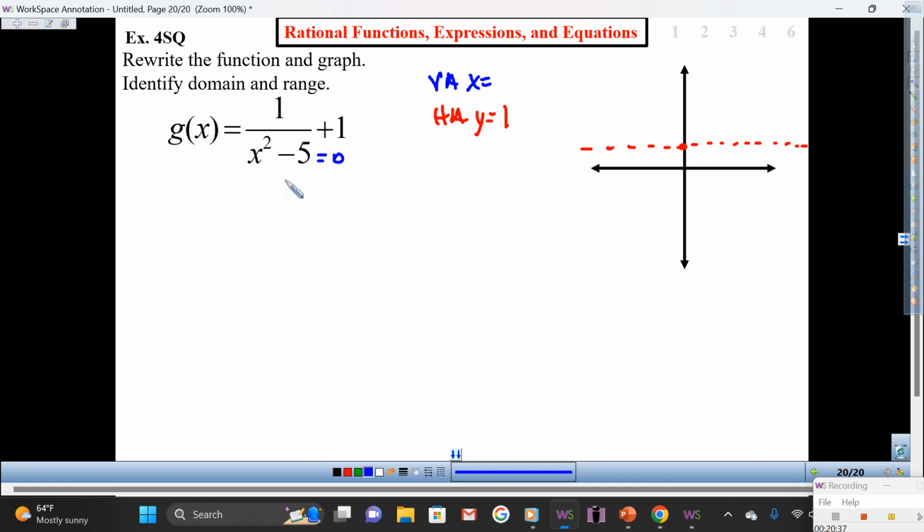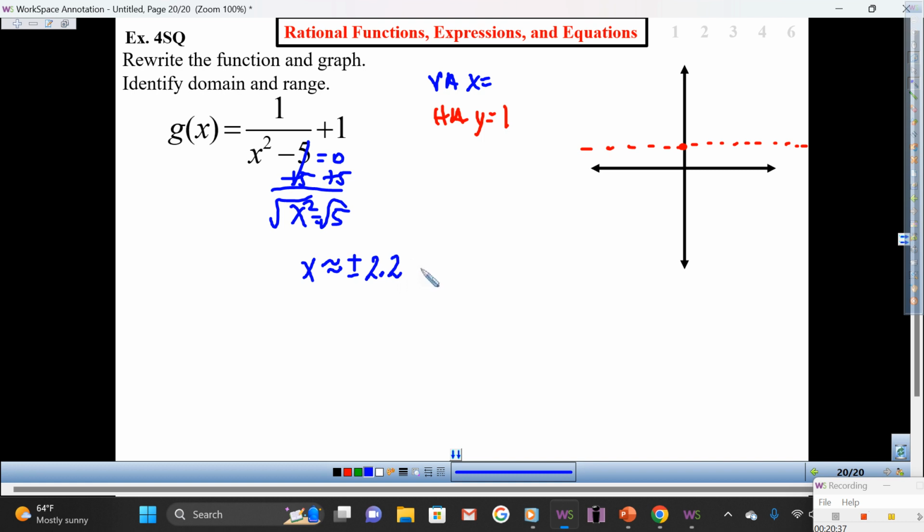Equal to 0, so then we add 5. X squared equals 5, square root, x is approximately plus minus, oh my bad, plus minus, what'd you get, Diego Rosas? 2.20, I'll leave it as 2.2.